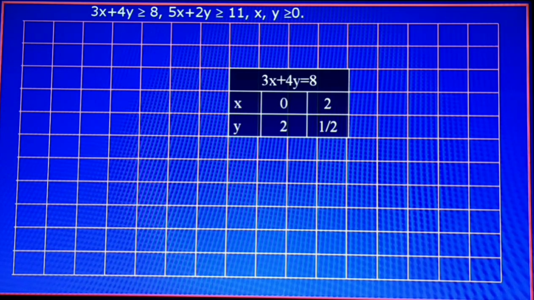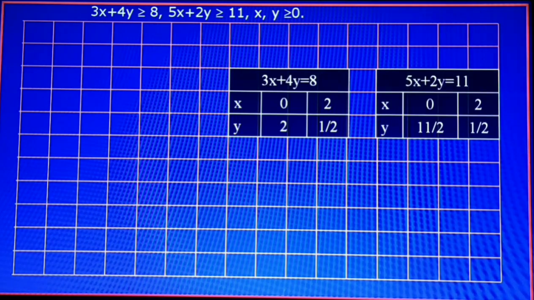When x is equal to 2, y is equal to 1 by 2. Corresponding equation of inequality 5x plus 2y greater than or equal to 11 is 5x plus 2y is equal to 11. When x is equal to 0, y is equal to 11 by 2. When x is equal to 2, y is equal to 1 by 2.